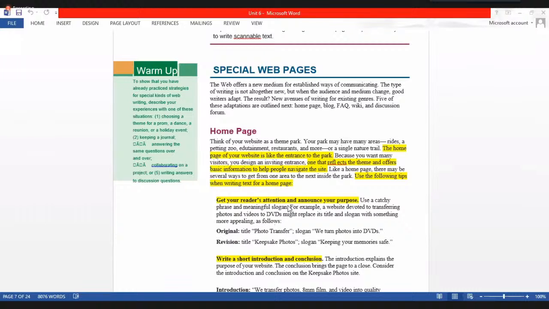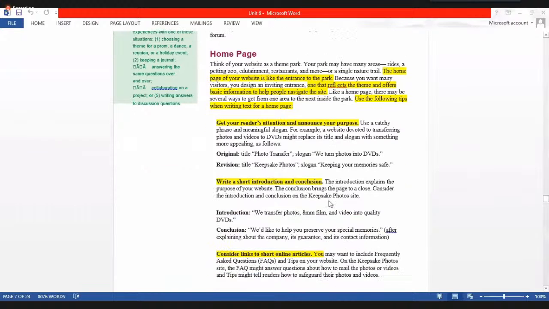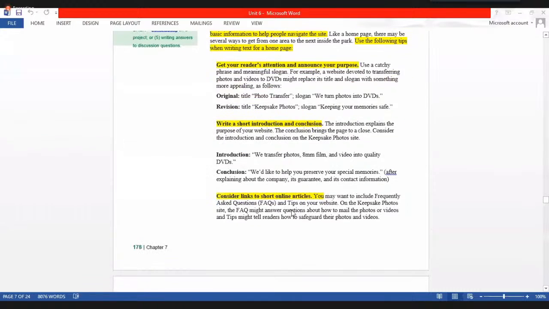Get your readers' attention and announce your purpose. At first, you clarify the purpose there. Then write a short introduction and conclusion. Then consider links to short online articles. What links are appropriate for that?